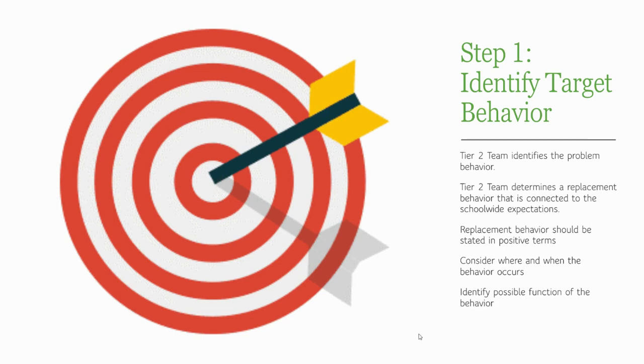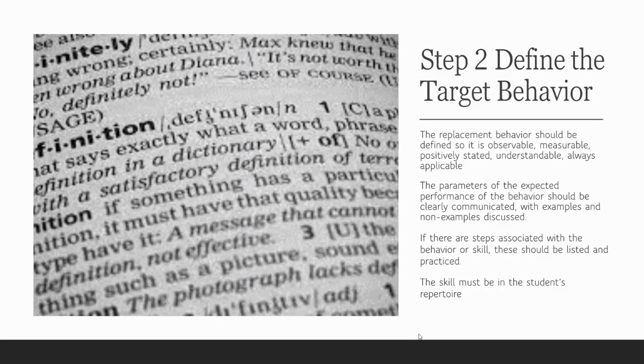Where are we most likely seeing the student exhibiting that problem behavior? And again, we're always going to want to know the function of that behavior. Is it to gain attention from adults or peers, or is it to escape? So again, that fact-finding process is very important to understand the function of that behavior.